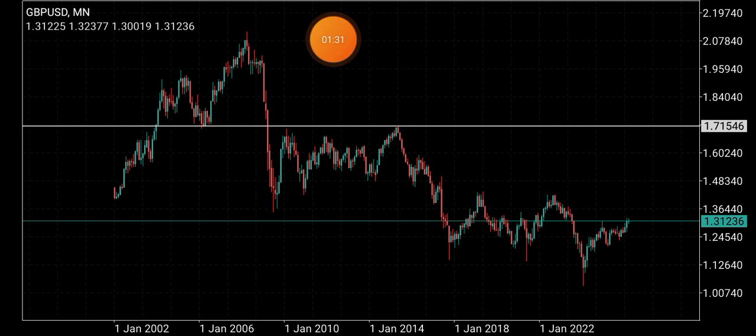Sorry, a horizontal line. I know the price started from here and gave us a higher high and came back again here, a higher low, and broke the previous higher high to give us another higher high.